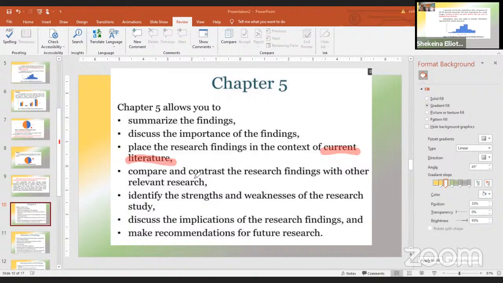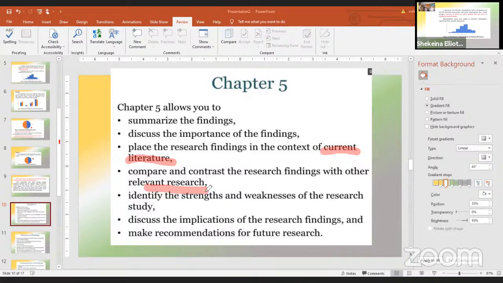It says you're going to compare and contrast research findings with other relevant studies. So when you are examining your work, you are looking for what positive came out of the study, what's negative, and you are aligning it with your lit review.